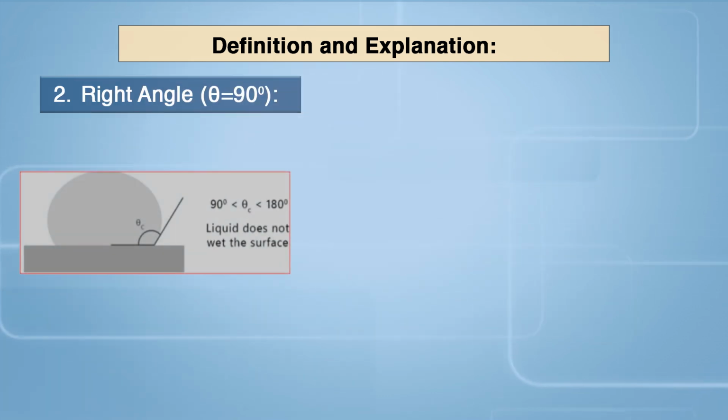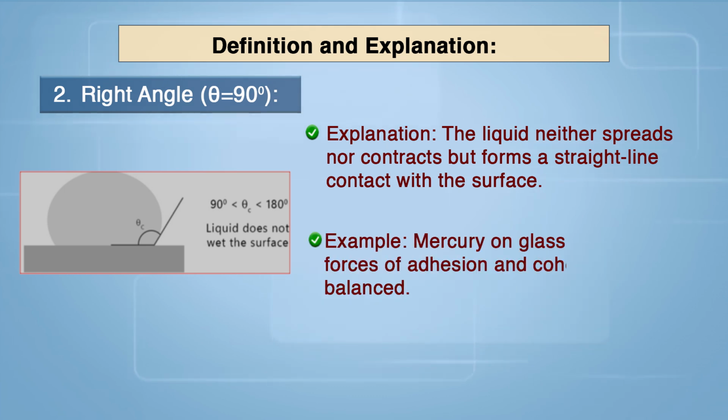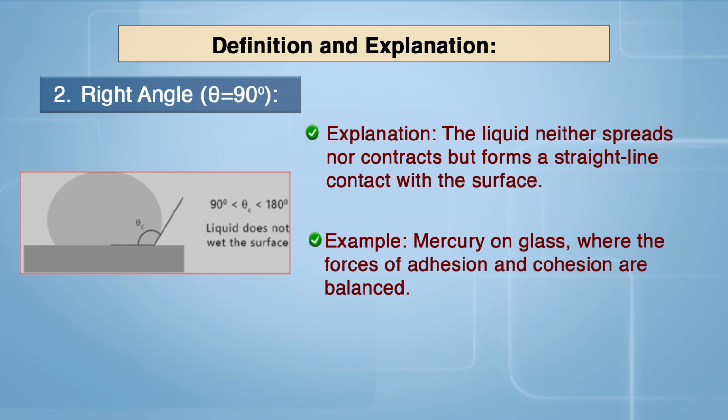Second, when it is a right angle, that is theta equals 90 degrees, the liquid neither spreads nor contracts, but forms a straight line contact with the surface, such as mercury on a glass plate, where the forces of adhesion and cohesion are balanced.